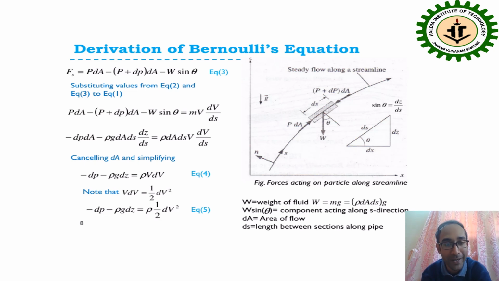It becomes minus dP dA minus rho g dA ds dz by ds equals rho dA ds v dv by ds. Cancelling dA and simplifying, minus dP minus rho g dz equals rho v dv. Note that v dv equals half d(v square), so minus dP minus rho g dz equals rho into half d(v square).